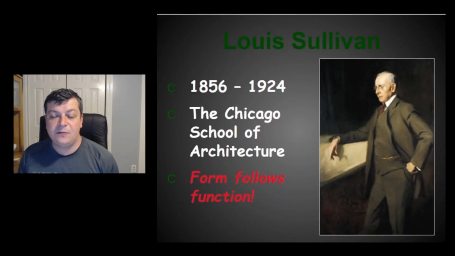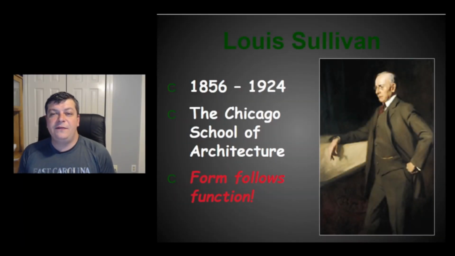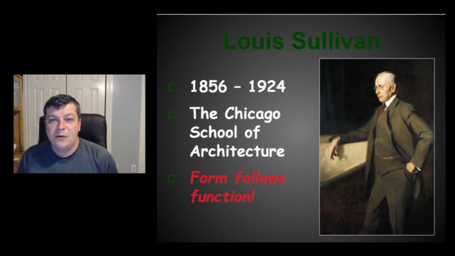Now, if we were going to try to find a tone or the philosophy behind the American city, a good place to look is Louis Sullivan. Louis Sullivan was an architect who worked heavily in Chicago. Chicago experienced a tremendous fire in the 1870s, and it was in the ashes of that fire that they began to rebuild.